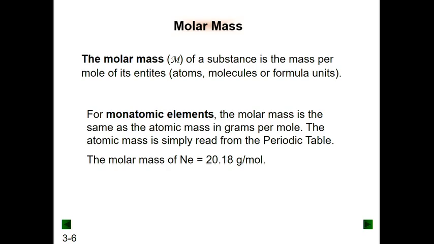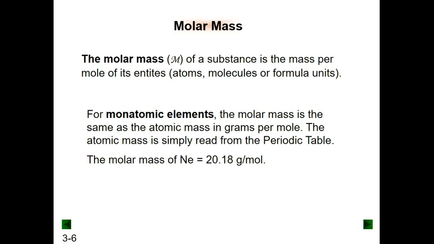Now let's see the term molar mass and how that relates to a mole. The molar mass is what 1 mole weighs. So the molar mass of a molecule represents what 1 mole of that molecule weighs. The molar mass represents the mass of a substance per mole of entities. For monoatomic elements, the molar mass is the same as the atomic mass in grams per mole.